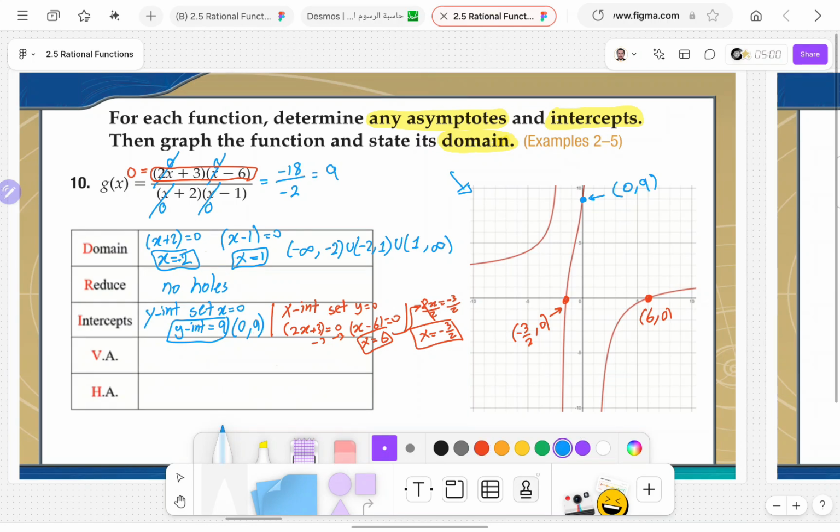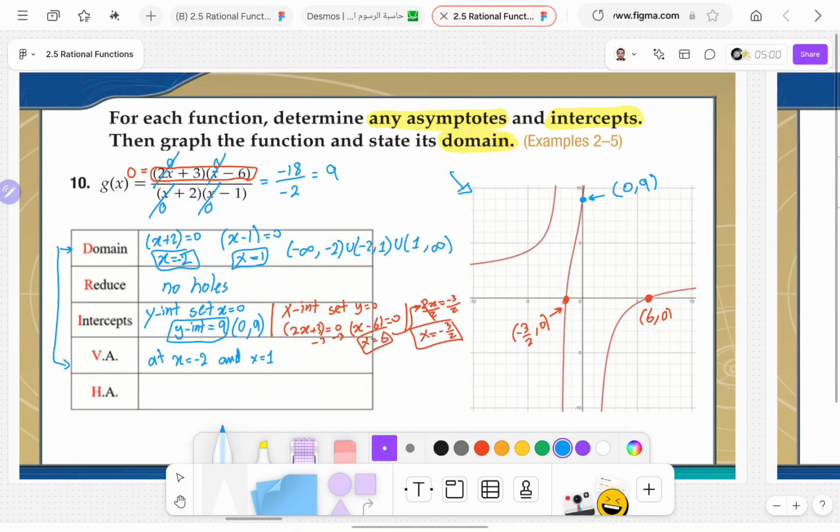Now the vertical asymptote is the same as the domain restrictions we mentioned before, which is the vertical asymptote is at x equals negative 2 and x equals 1.